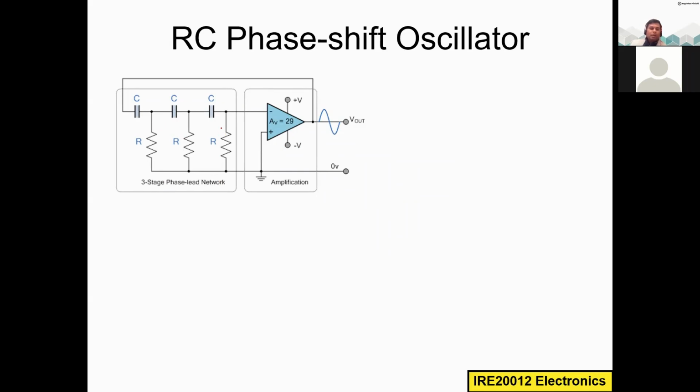So what I have done here is take the output of this 3-stage RC network and apply it to the operational amplifier. We know how the operational amplifier looks. This is the symbol of the operational amplifier. It has two input terminals; the negative one is the inverting input terminal, where we are applying the input. The other terminal is grounded.